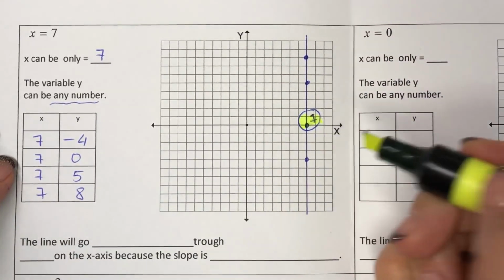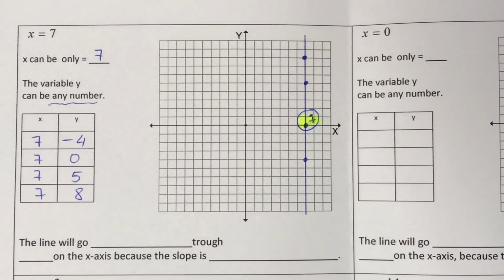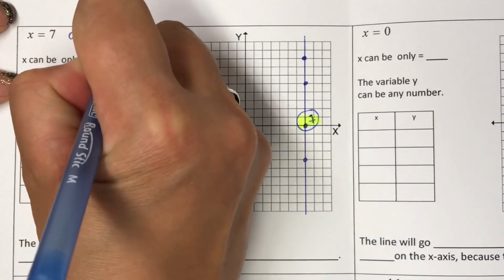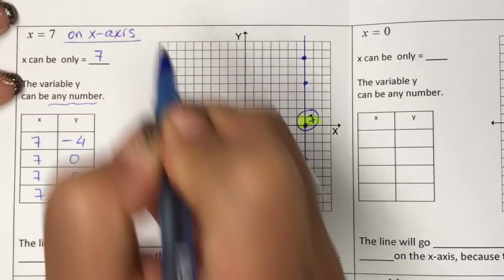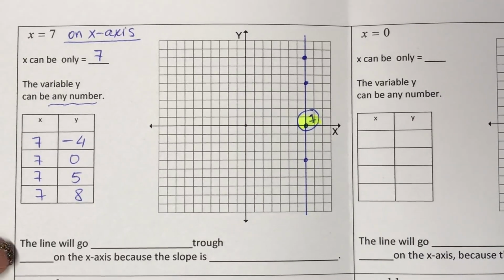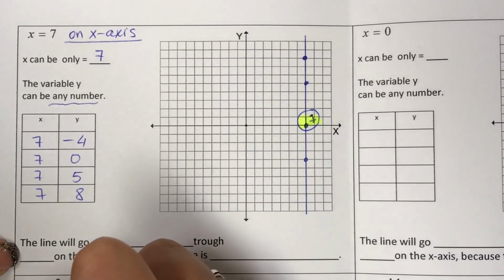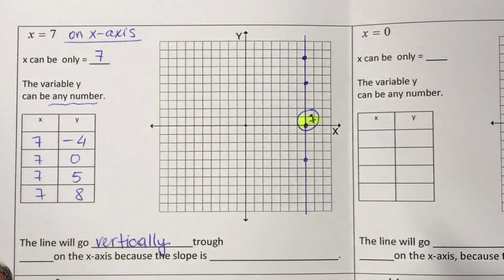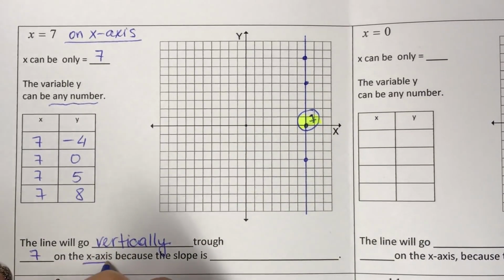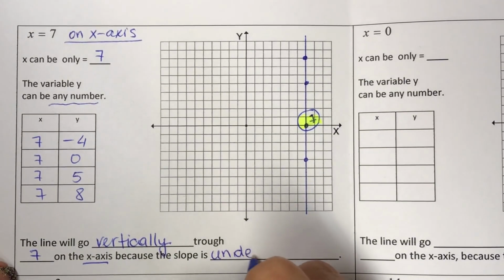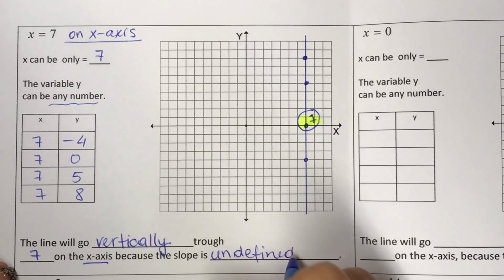So that constant 7 is the x-intercept on the x-axis. When you have x equals 7, that number goes on the x-axis. The line will go vertically through 7 on the x-axis because the slope is undefined.